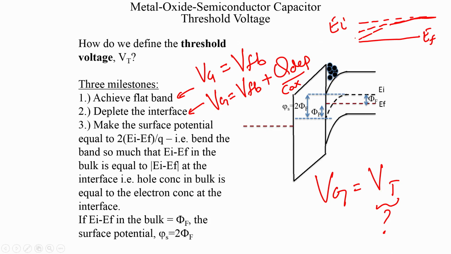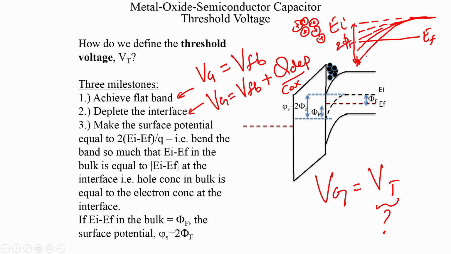And then you keep adding more and more positive charge. This is still not enough, you have still not reached threshold. You keep adding more positive charge, and now you will see Ei go below EF, and the electrons have started appearing, but we have still not reached threshold voltage. We reach threshold voltage only when the surface potential equals 2 phi f.